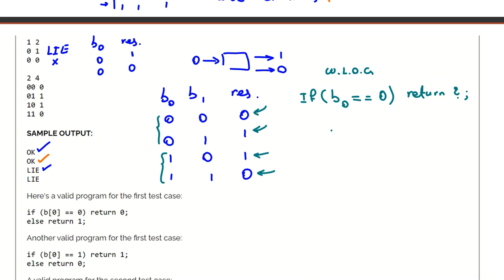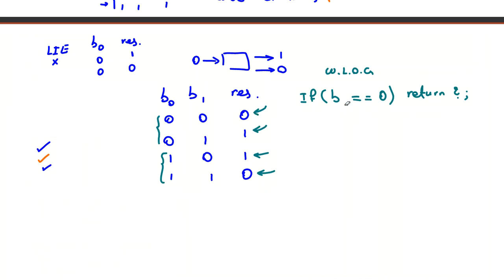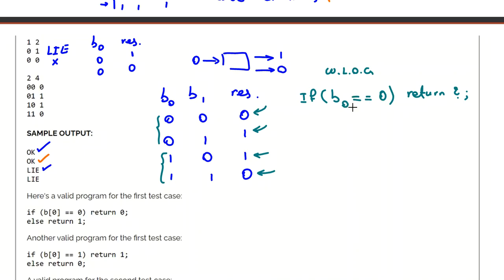If you check B1, for example, instead of B0, let me consider this one. If B1 is 0, let's see what happens. For B1 equal to 0, these two conditions, the result can be 0 or 1, so we cannot say to return 0 or 1.